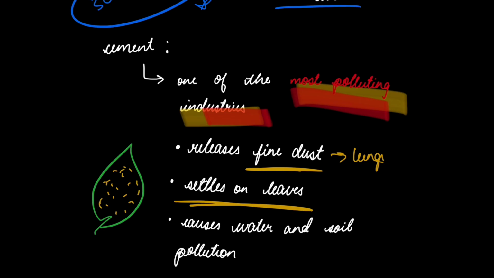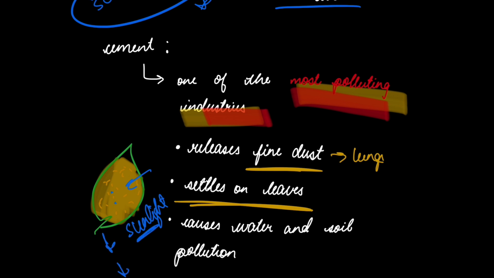There are stomatal pores on the leaf, and they will be closed, and after some point of time, the absorption of sunlight will be reduced. Chlorophyll traps the sunlight, so this capacity will be reduced, thereby reducing the yield itself.